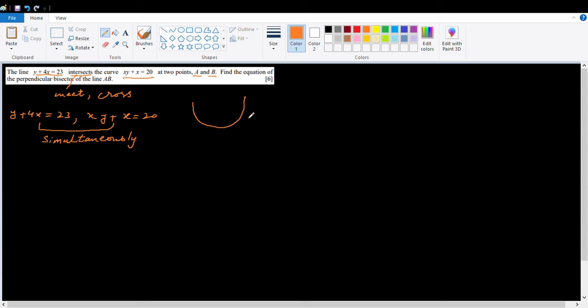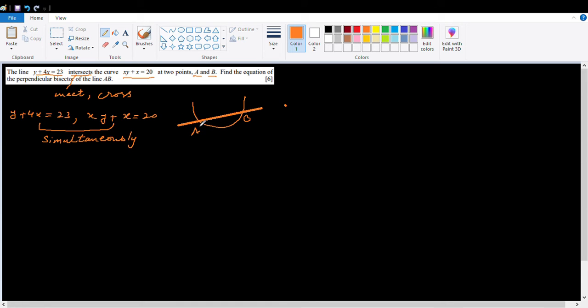This is the curve and this is the line, and this line is intersecting the curve at A and B.